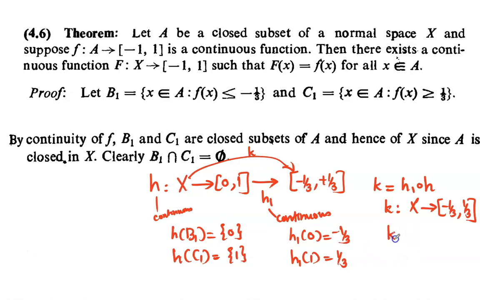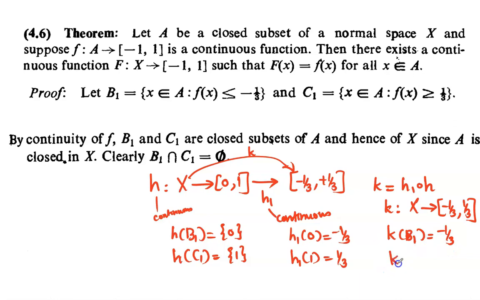And we can also see that k of B1 will be equal to -1/3, since h maps every point of B1 to 0 and h1 maps 0 to -1/3. The image of each point of B1 under k will be equal to -1/3.